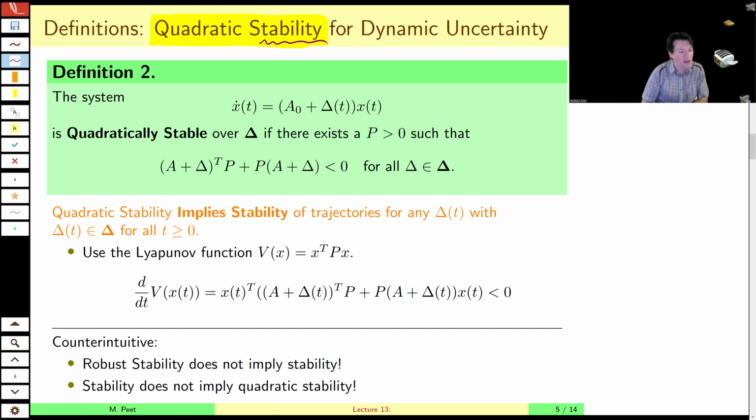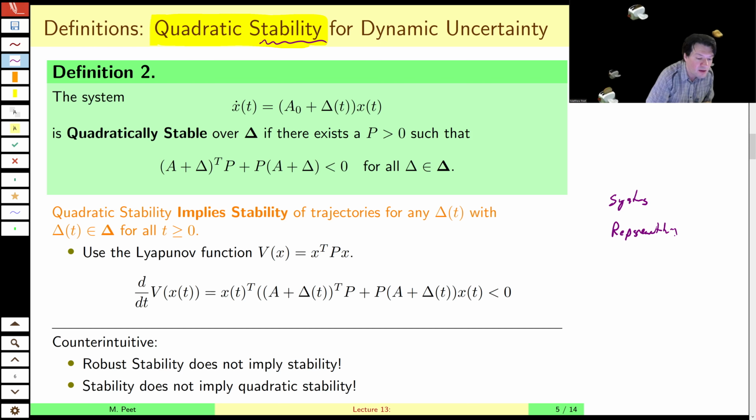Remember, we had systems, we had representations of the systems, and we had system properties. We had properties of the representation, and then we had optimization, or LMIs.